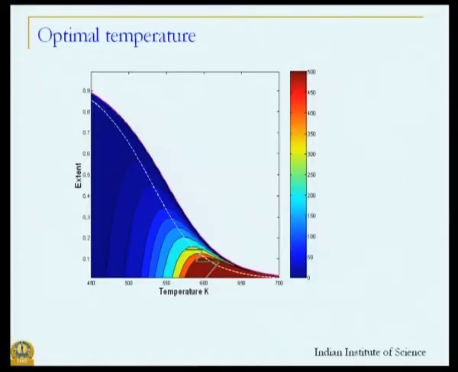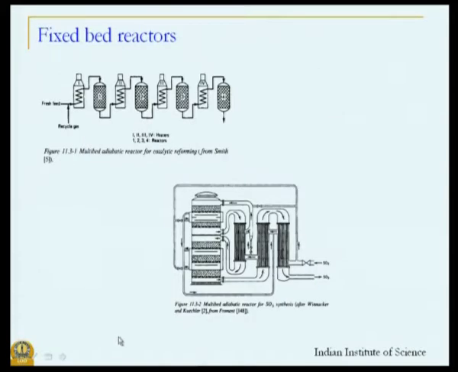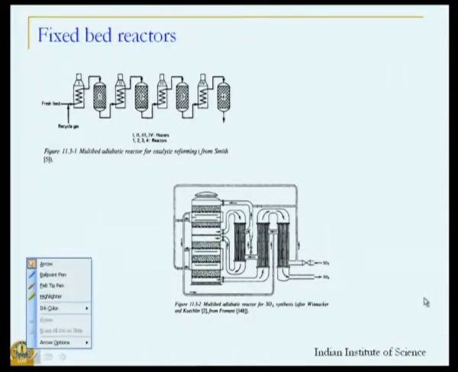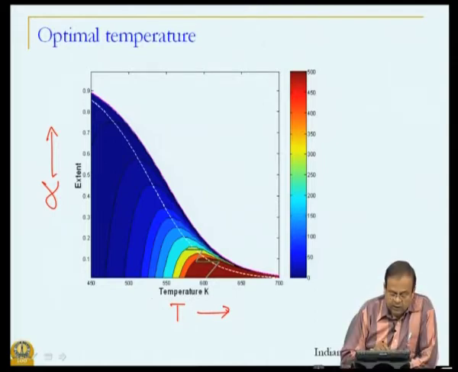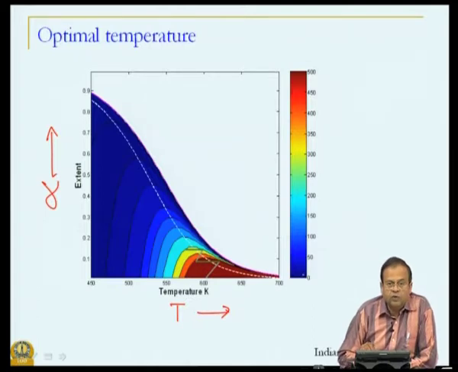So, if I plot those by taking the appropriate values, what we are looking at here is temperature on this axis and extent alpha. So, whatever we qualitatively discussed, we are looking at pictorially, where these different colors represent different values of rate.